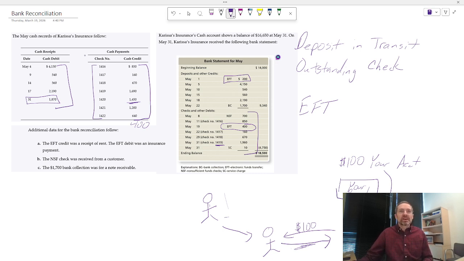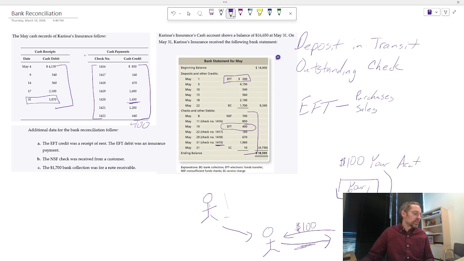This electronic stuff, we don't know about it until we actually look at the bank statement. So these EFTs can go both ways. It's either we spent something, purchases, or it could be sales or other revenues coming from our customers that we didn't know about until we looked at the bank statement.